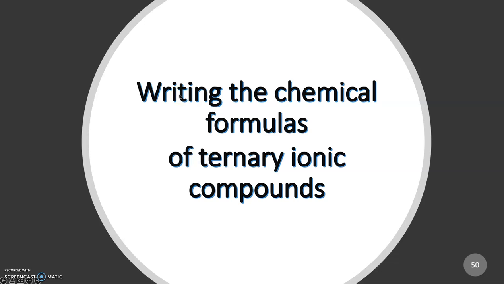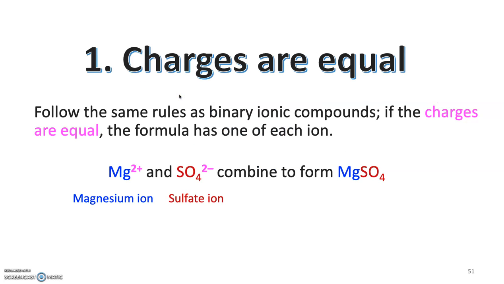Next, we learn about writing the chemical formulas of ternary ionic compounds. The example on the previous slide was a binary ionic compound because it contains only 2 elements, aluminum and oxygen. First, if the charges are equal, you can use the same rules as for binary ionic compounds.